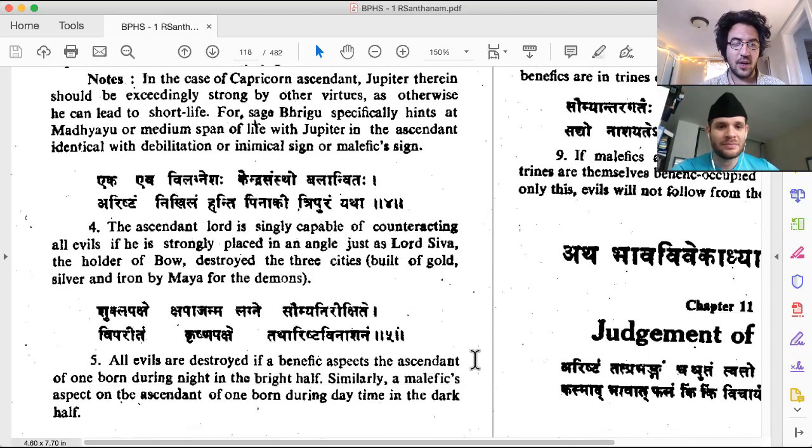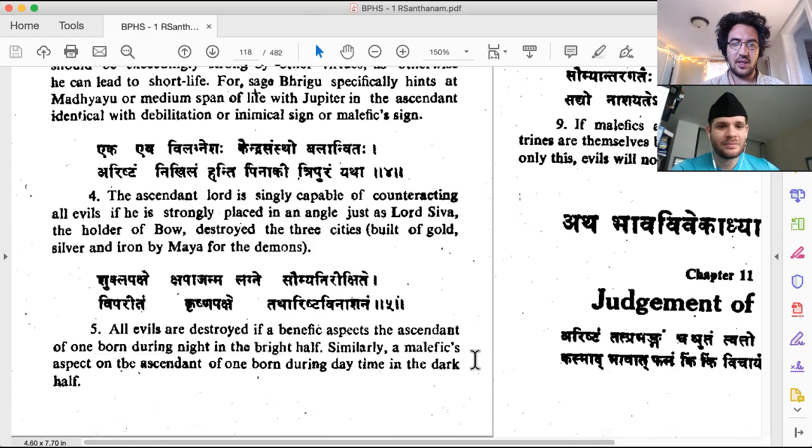Jupiter. So anyway, the Ascendant Lord is singly capable of counteracting all evils if he is strongly placed in an angle, just as Lord Shiva, the holder of the bow, destroyed the 3 cities. I love that reference. Those 3 cities, I forget their names, are a metaphor for the 3 lower chakras and the lower nature.